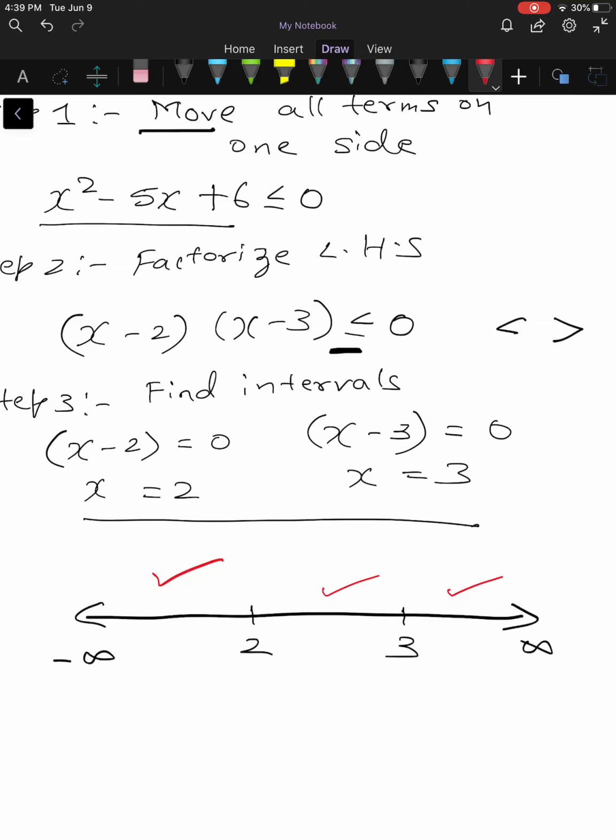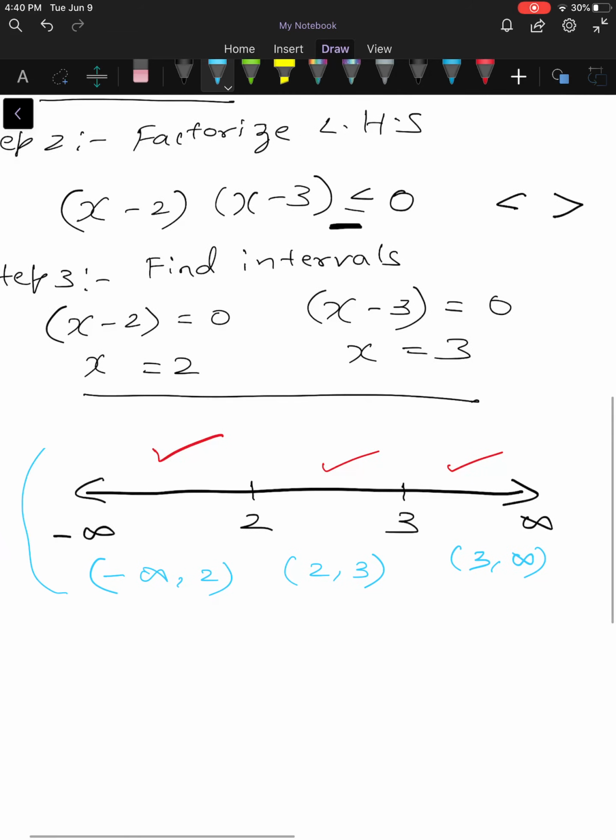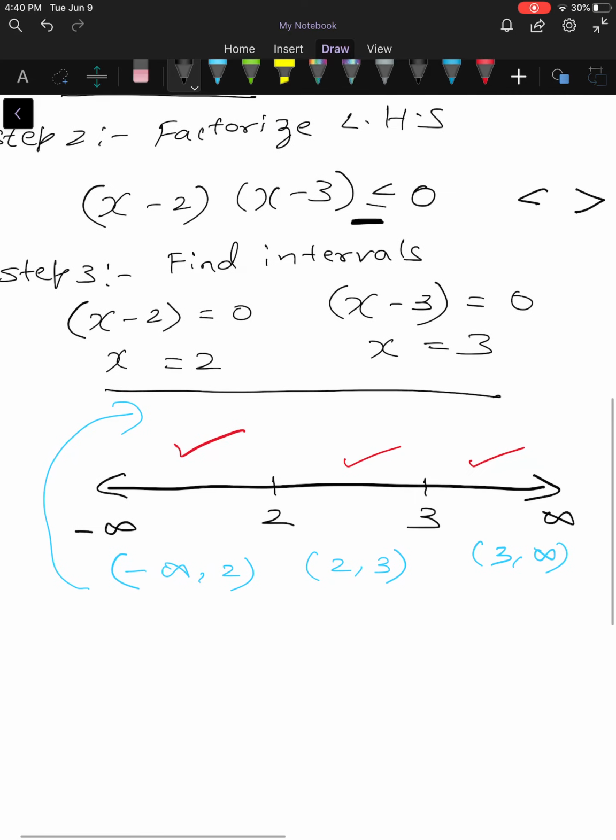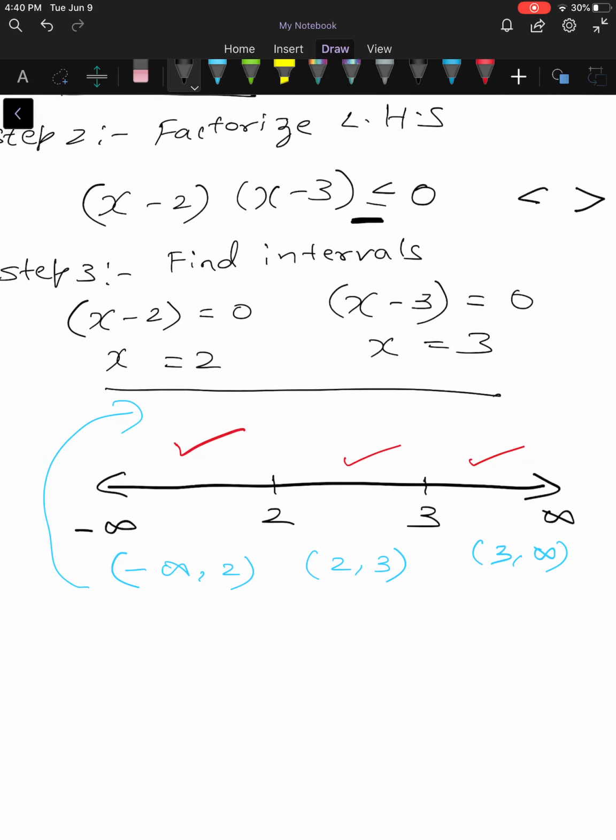So consider only open intervals of this format, that is negative infinity to 2, open interval 2 comma 3 and 3 comma infinity. This is how you divide the given inequality into intervals. So this is our step 3.